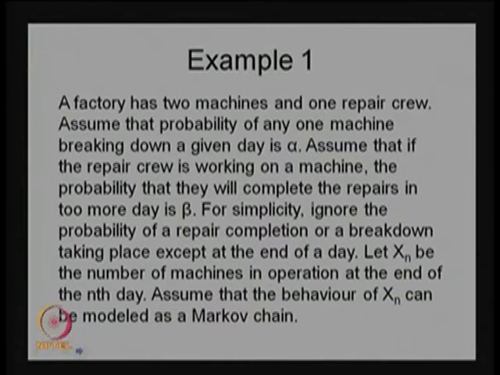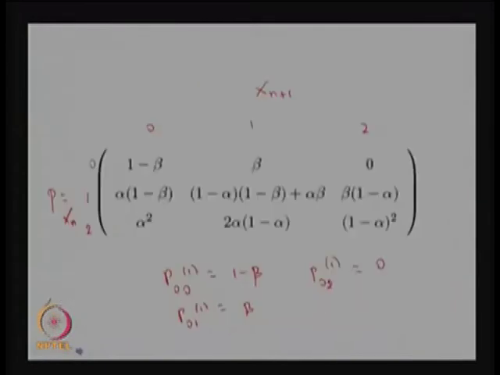This is a very simple example in which the underlying stochastic process is a time homogeneous discrete time Markov chain with the state space S is 0, 1 and 2.